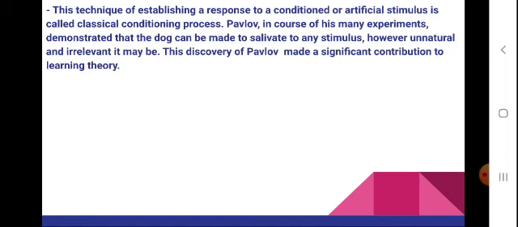This technique of establishing a response to a conditioned or artificial stimulus is called classical conditioning process. Pavlov, in course of his many experiments, demonstrated that the dog can be made to salivate to any stimulus, however unnatural and irrelevant it may be. This discovery of Pavlov made a significant contribution to the learning theory.